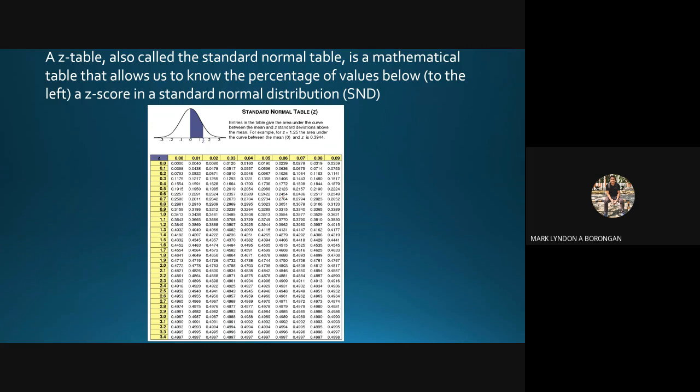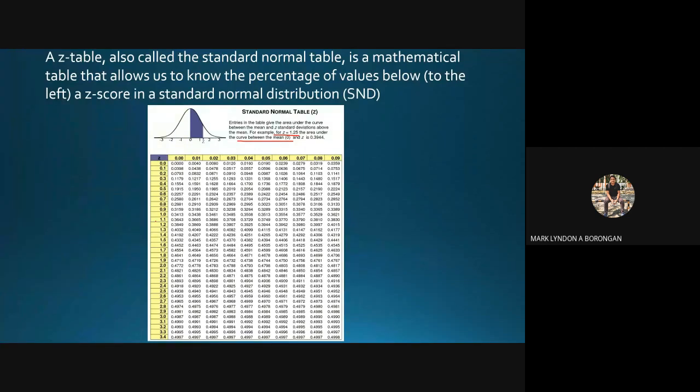Entries in the table give the area under the curve between the mean and z standard deviations above the mean. For example, z is equal to 1.25. The area under the curve between mean 0 and z is 0.3944.